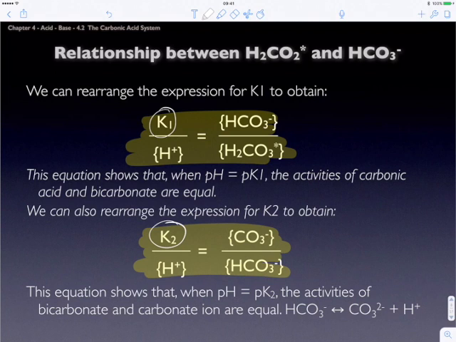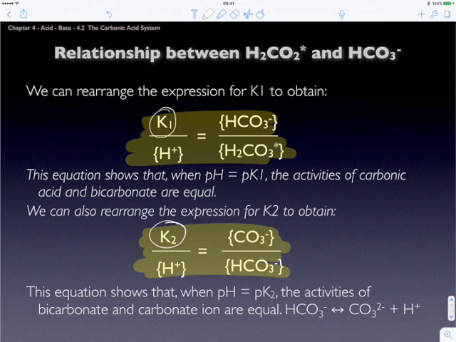Bicarbonate, you'll see, can function as a base or an acid. If you are in the pKa1 value pH range, the bicarbonate will act as a conjugate base. If you are in the range of the pKa2, the bicarbonate will act as an acid and give a proton away to water.